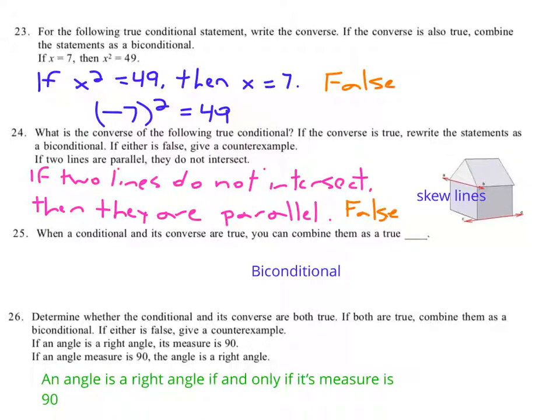And I unfortunately don't have a little degree symbol, or otherwise I would add that on there. But that's it. An angle is a right angle if and only if its measure, and that's not how you spell its. This its, not the other it's with an apostrophe. It's not a conjunction of it is, it's just its as a possession. And its measure is 90 degrees. Okay, there you go.